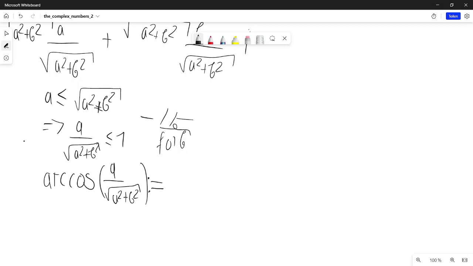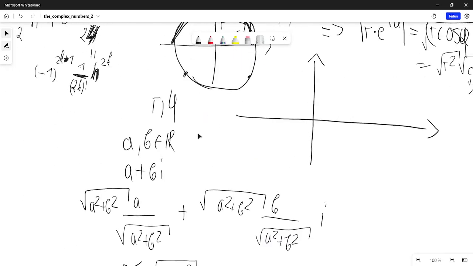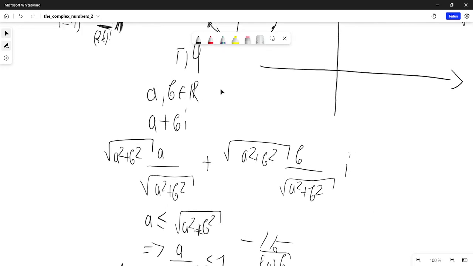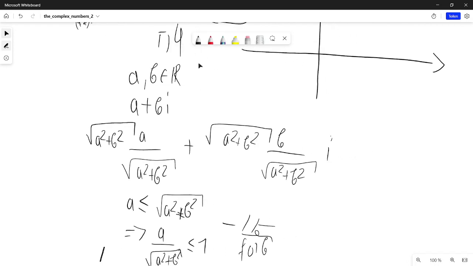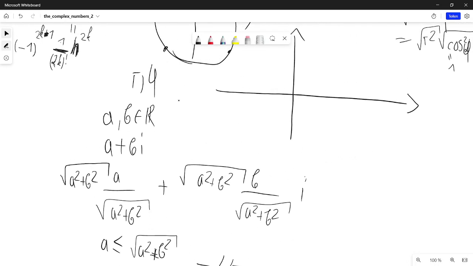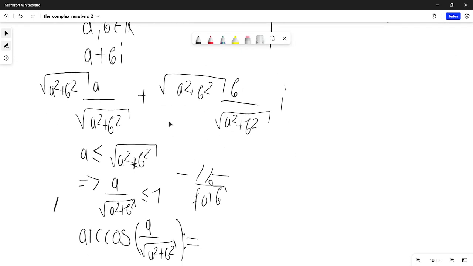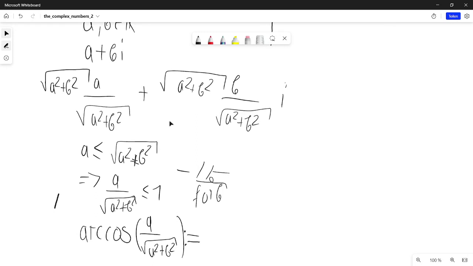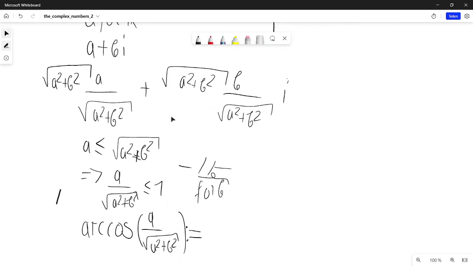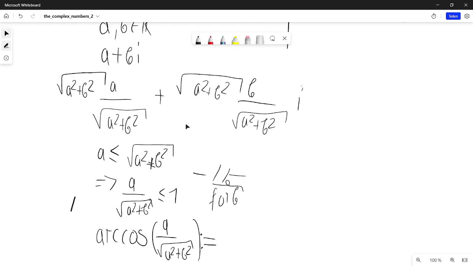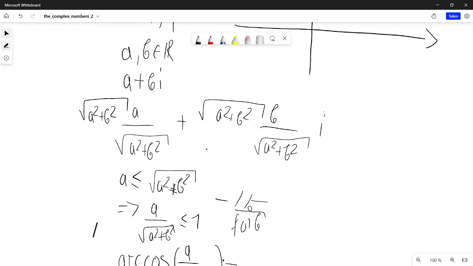And so to have a suitable angle, meaning where our number actually is positioned, this here places our number on a circle, and we claim that it is a circle with its radius.